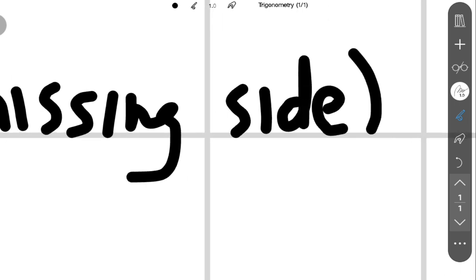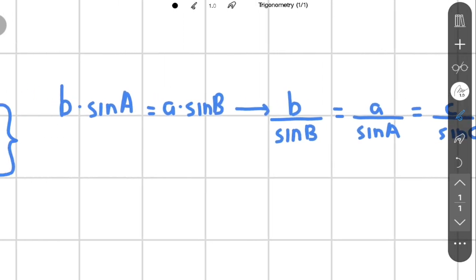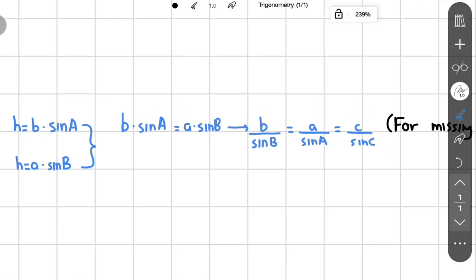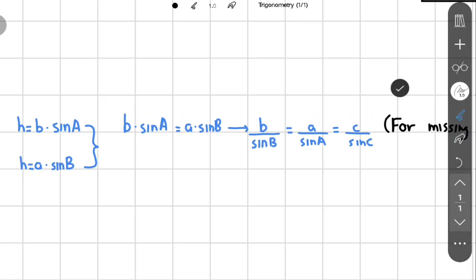If you want to find the missing angle, as I said, you're just going to divide both of these by their sides, and in the end, you're just going to get the reciprocal of the original rule we have here.